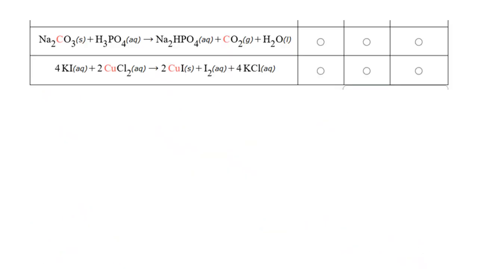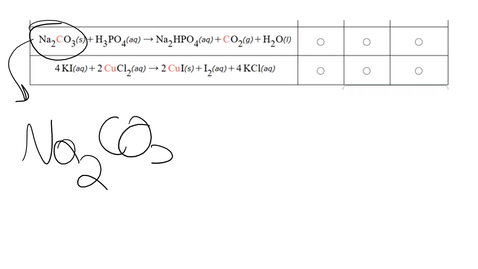So both of these here have good examples. We got this on the left, Na2CO3. We should break down that polyatomic, and you can solve it two ways really.